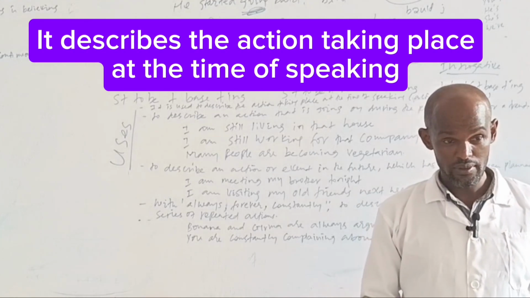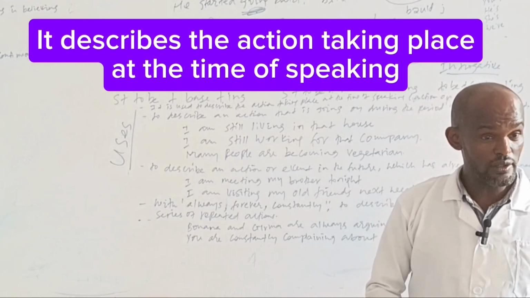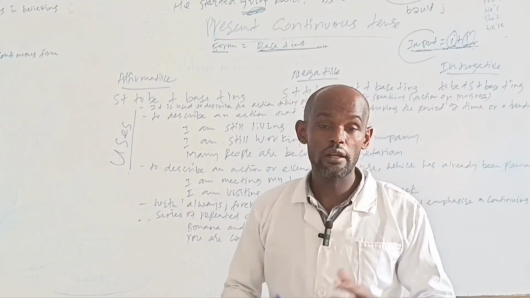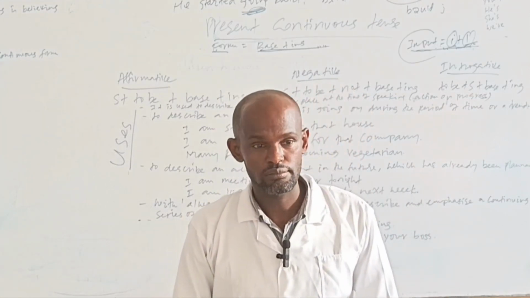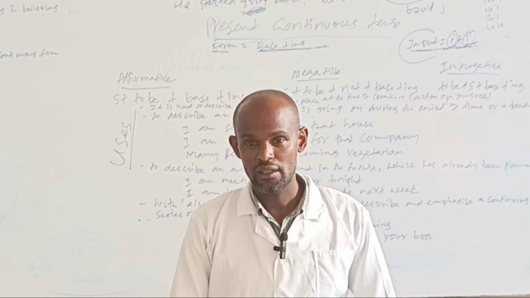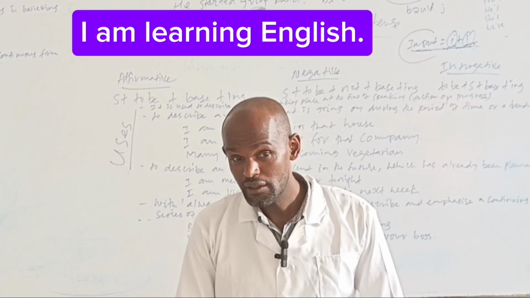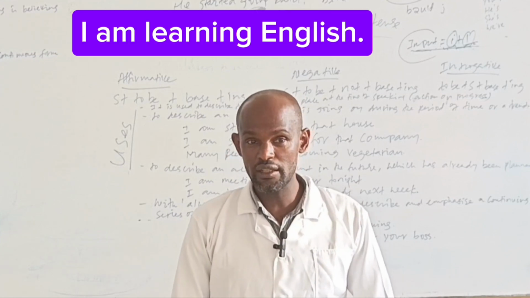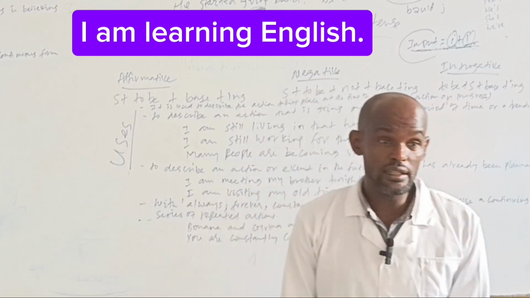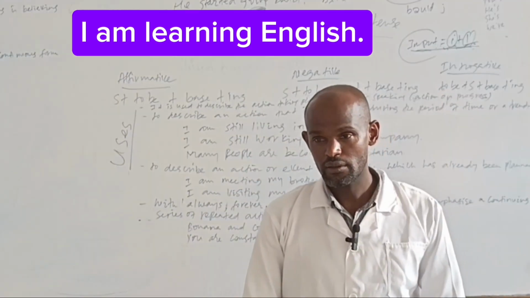To describe the action that is going on during the time of speaking, isn't it? Yeah. What are you doing now, for example? I am learning English. So you are learning at the time of speaking. I am learning English.